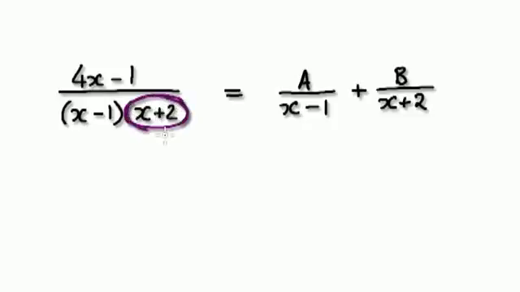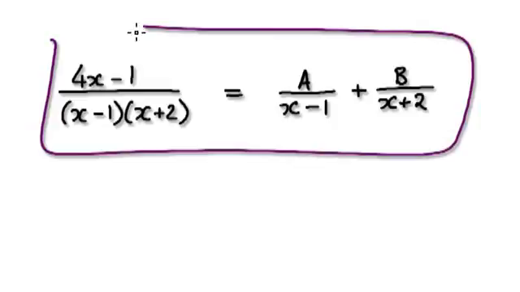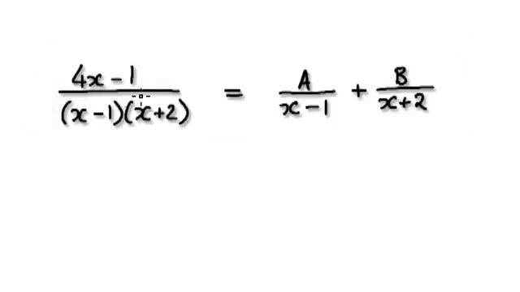So when you times both sides by x plus 2, this thing disappears. Remember, x plus 2, and then this is x plus 2. So this thing here disappears. So to find B, you would set x to be negative 2.